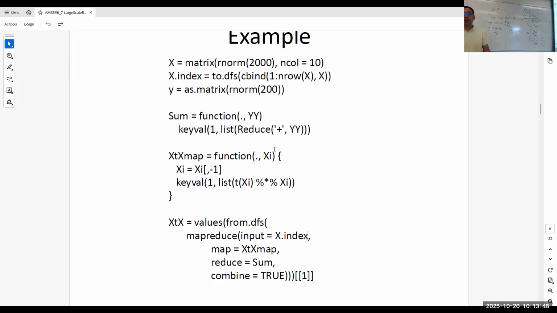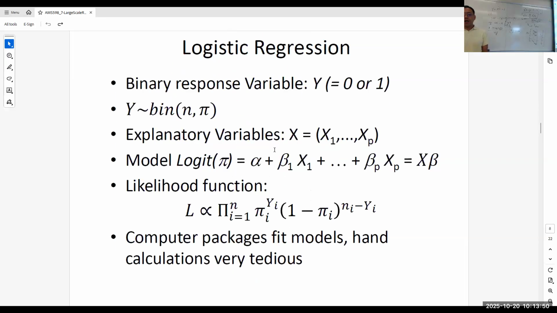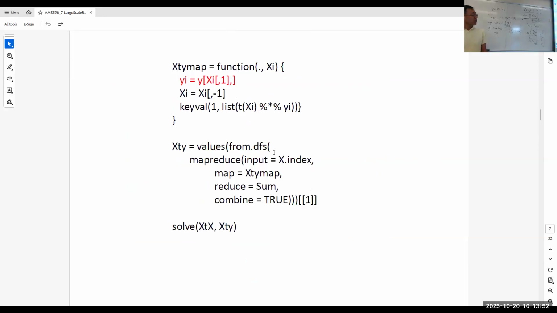No issue, right? But if you slightly modify your target function, then all of a sudden, the trick we talked about here is not valid anymore.